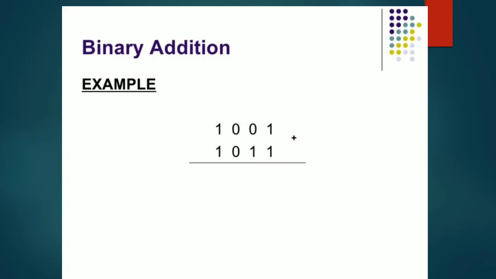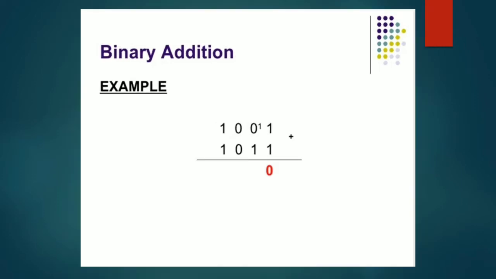Again we remind the rules: 0 plus 0 is 0, 0 plus 1 is 1, 1 plus 0 is 1 and 1 plus 1 is 0 but carry 1. Here 1 plus 1 is 0 and carry 1.